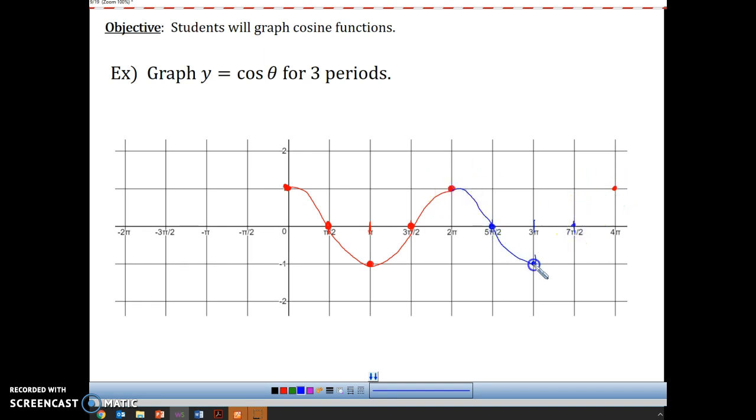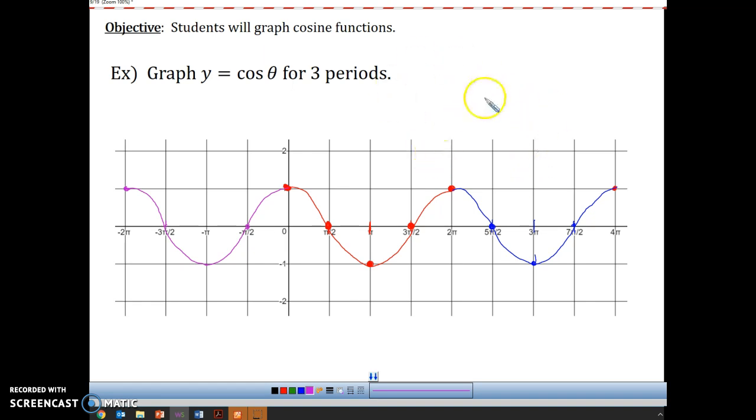And there's another period. Last but not least, I'll do it in the negative direction. Again, this is maximum, intercept, minimum, intercept, maximum. And here is another cycle, or another period, of the cosine function.